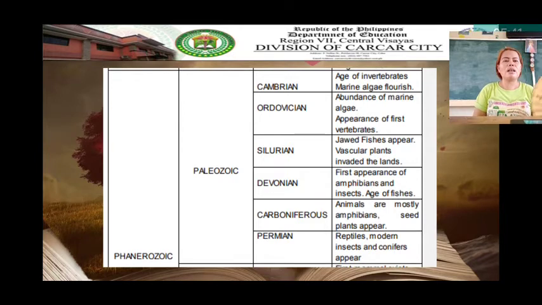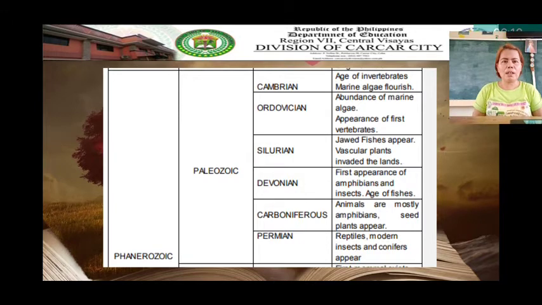Next, for the Ordovician, we have the abundance of marine algae, then the appearance of first vertebrates. For the Silurian, we have the jawed fishes appear, the vascular plants, which invaded the lands.